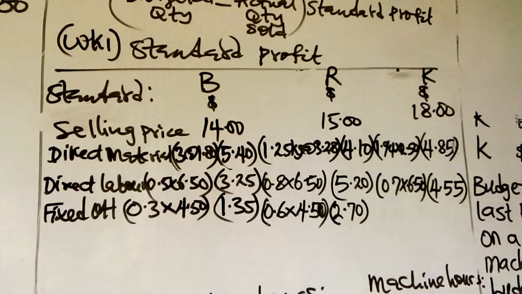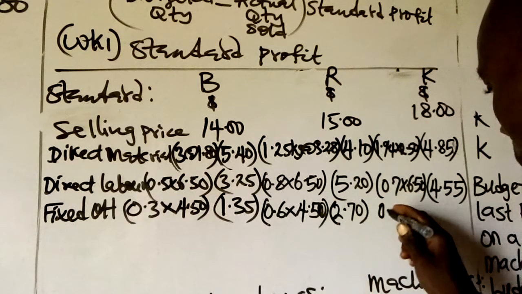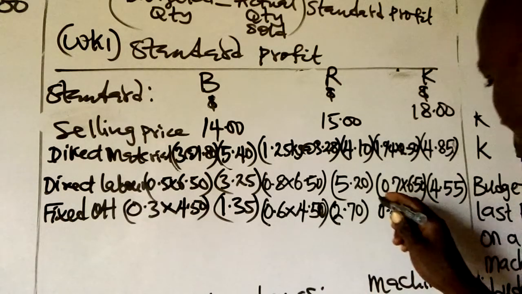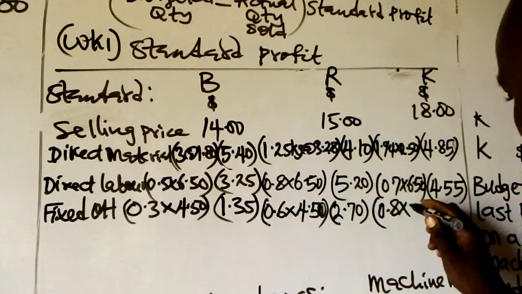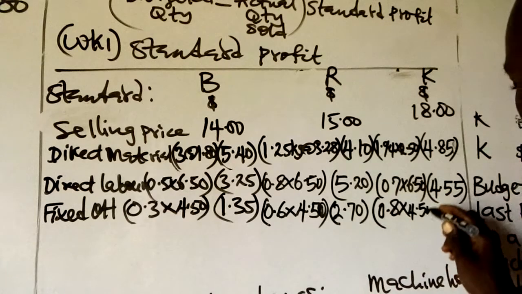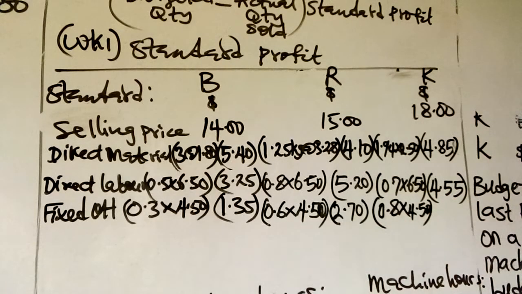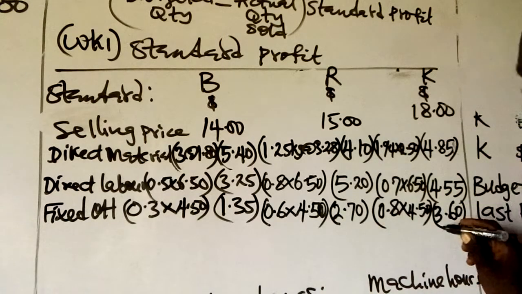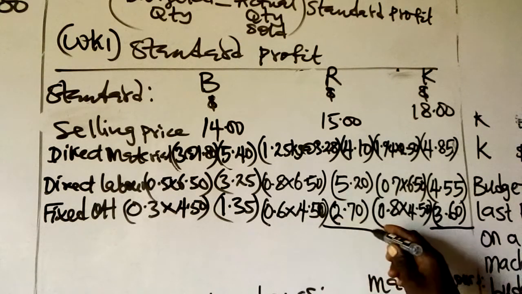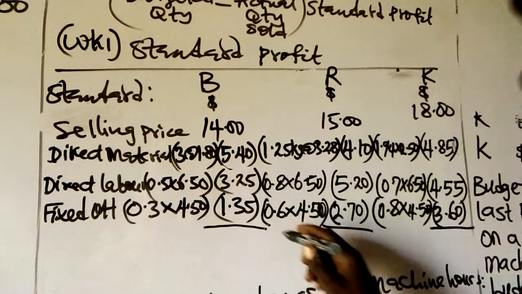For K, to produce a unit of K, 0.8 machine hours is required. 0.8 times 4.5 gives $3.60 per unit.